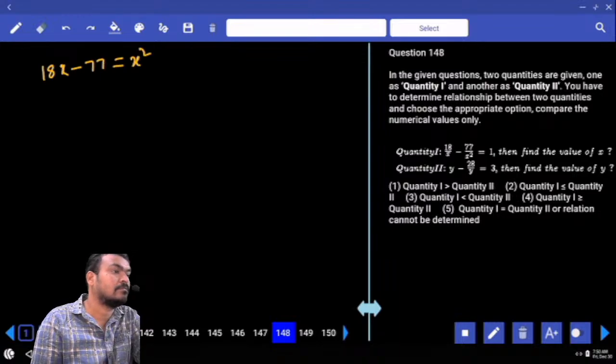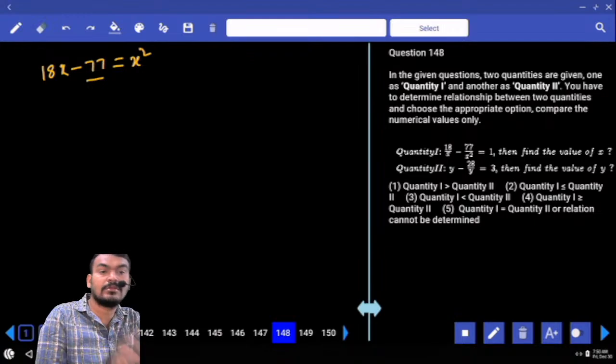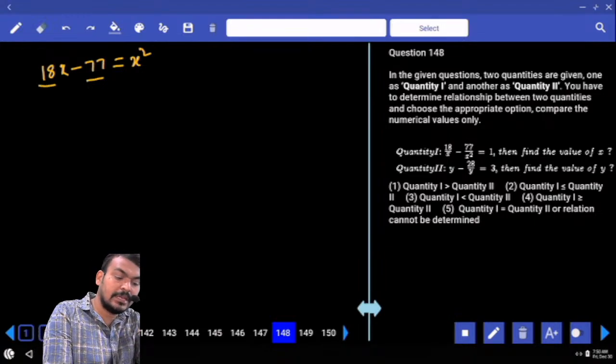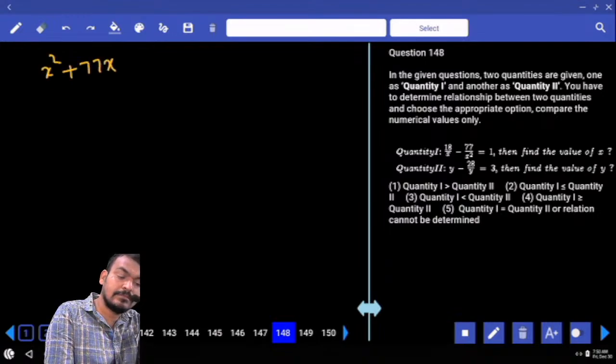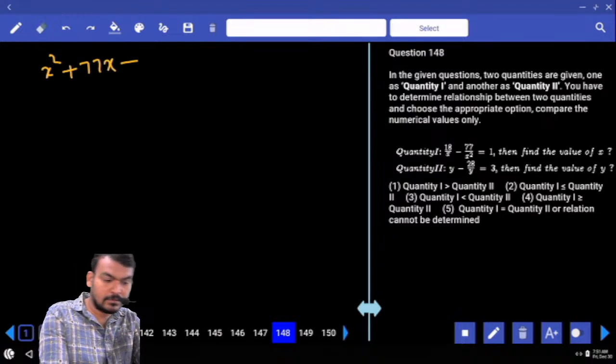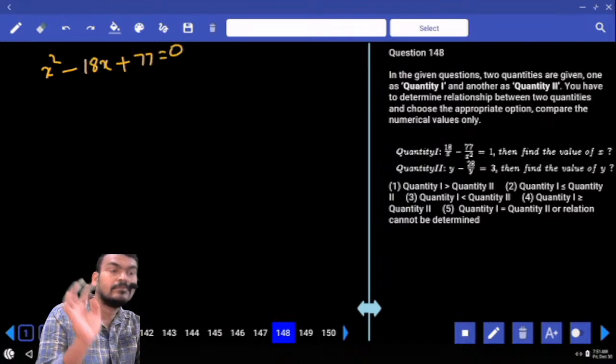Minus 72 becomes plus 72, plus 18x becomes minus 18x. So x square minus 18x plus 72 equal to 0.